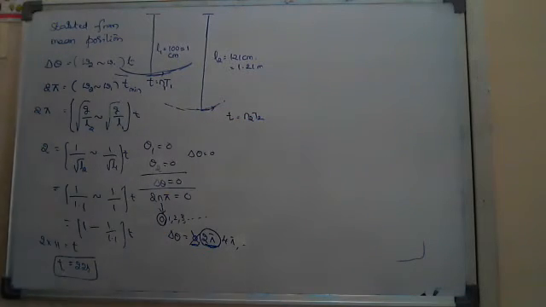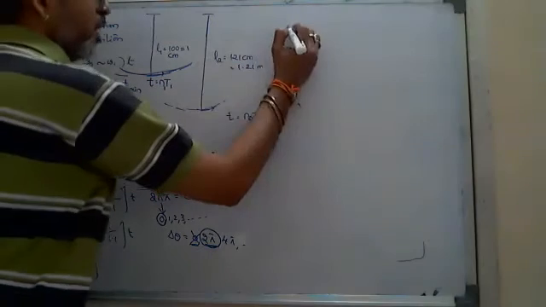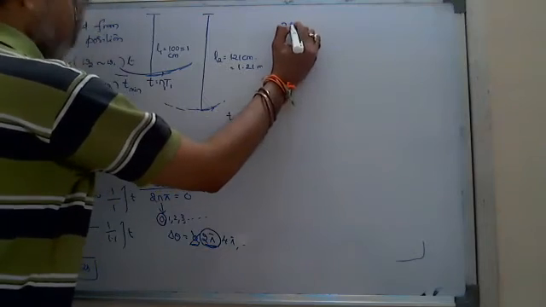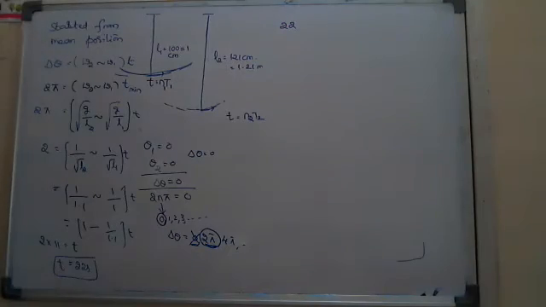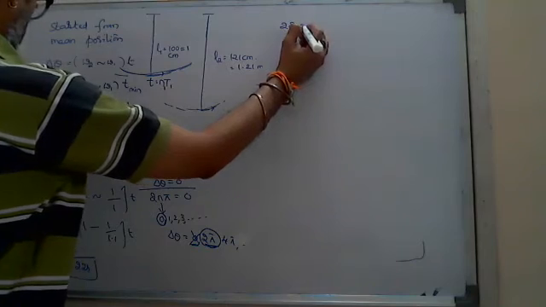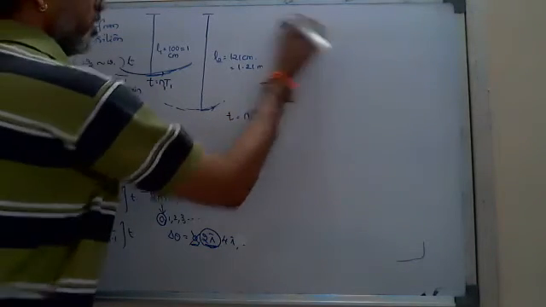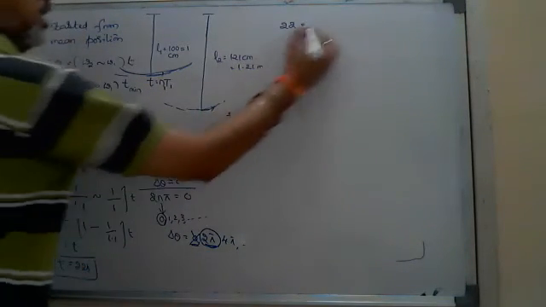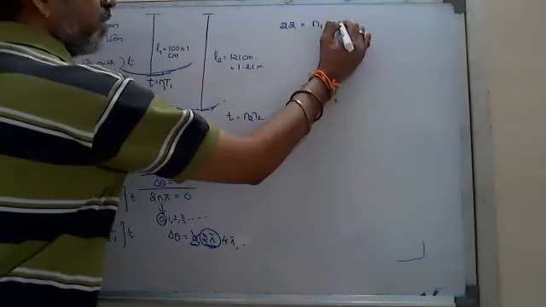The time is equal. So which one are you asking? Because already I found T is equal to 22. I am asking for n1. Very simple. Then here I write 22 equals n1 into t1.